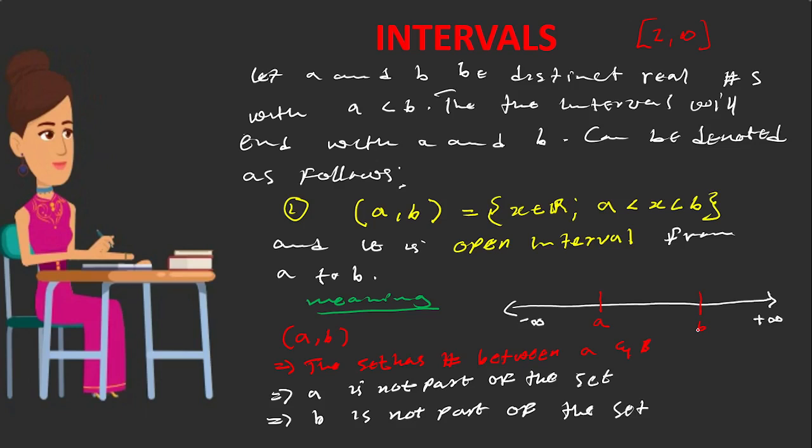To know what kind of circle to put on top, you look at the brackets. In such a case, you put an open circle without shade, and also another open circle, because this is open and that is open.